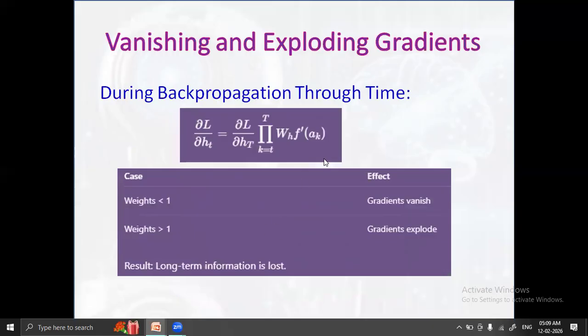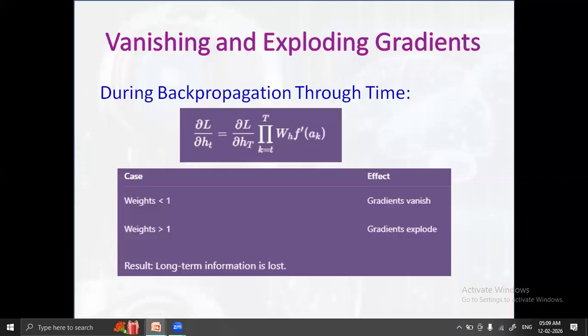Next, the vanishing and exploding gradient in RNN. During training, the RNN uses backpropagation through time, where gradients are propagated backward across many time steps. This involves repeated multiplication, represented by this symbol. It is not a pi, it is a repeated multiplication of weight matrices and derivatives.